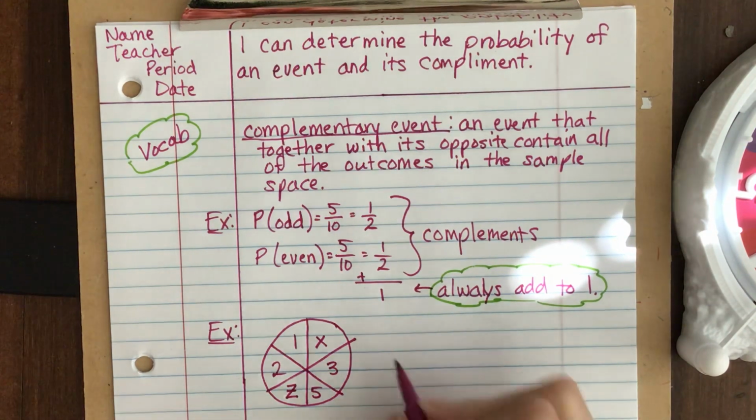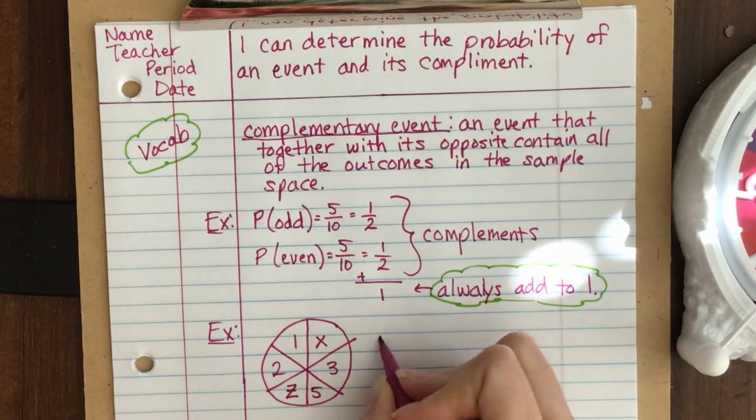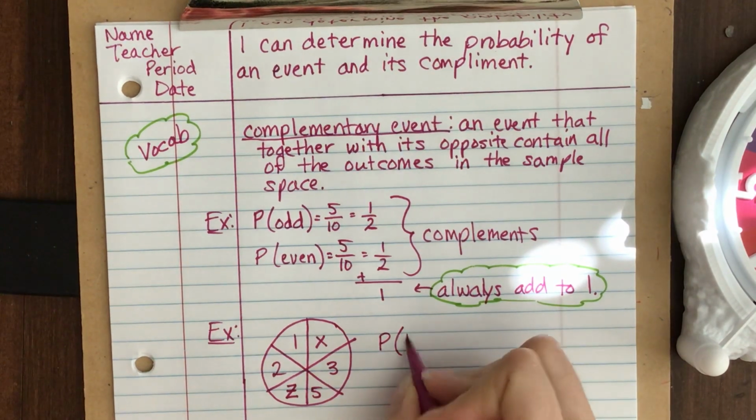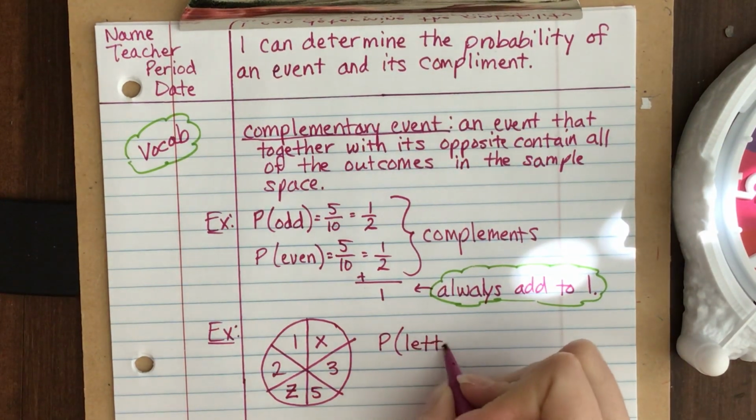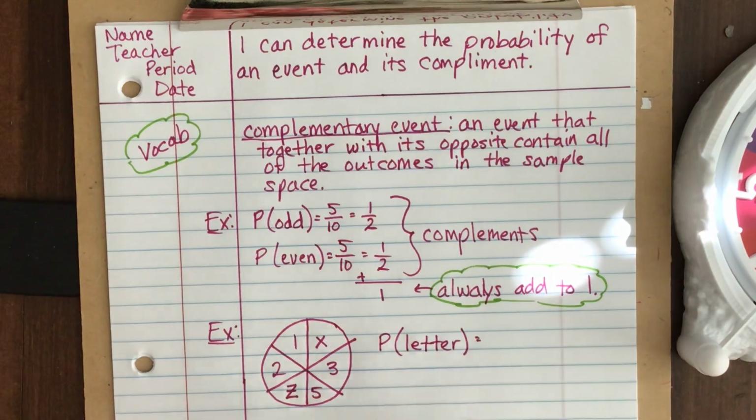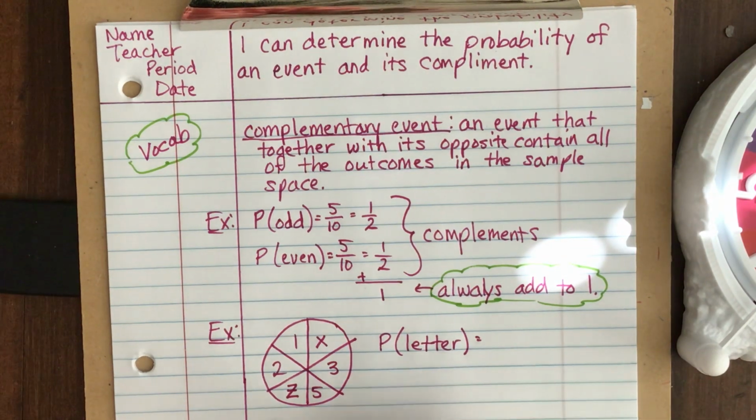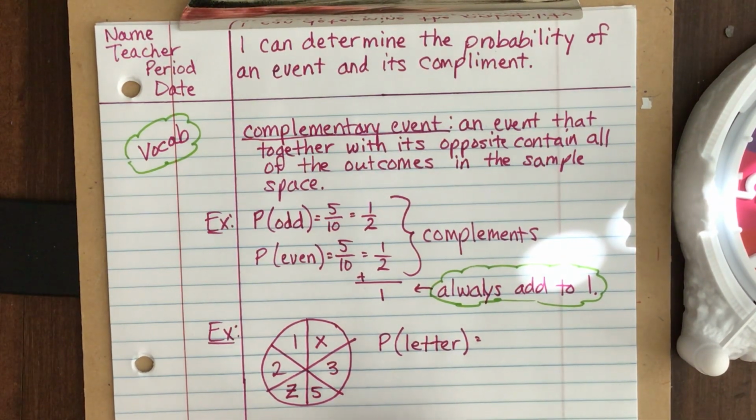First we're going to look at the probability of spinning a letter. If you look at this, there are 2 letters in this sample space. Let's actually write out the sample space just so we get practice with that. We always use these squiggly brackets. The sample space is all the possible outcomes. So x, 3, 5, z, 2, and 1. So here's the sample space.